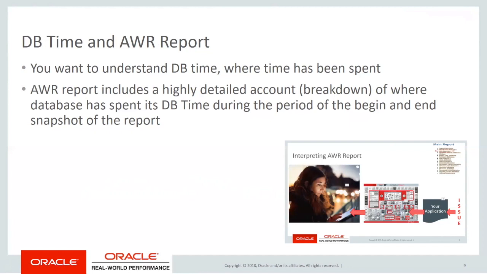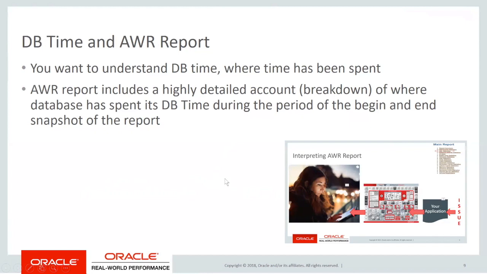And the database time is the #1 metric that you want to look at, especially the breakdown of it, to find if there are components in database time that you might get rid of or that you might optimize away, thereby making the database work more efficiently on the calls that are being submitted by the application. So database time is really the #1 metric that you need to be aware of when you look at an AWR report.